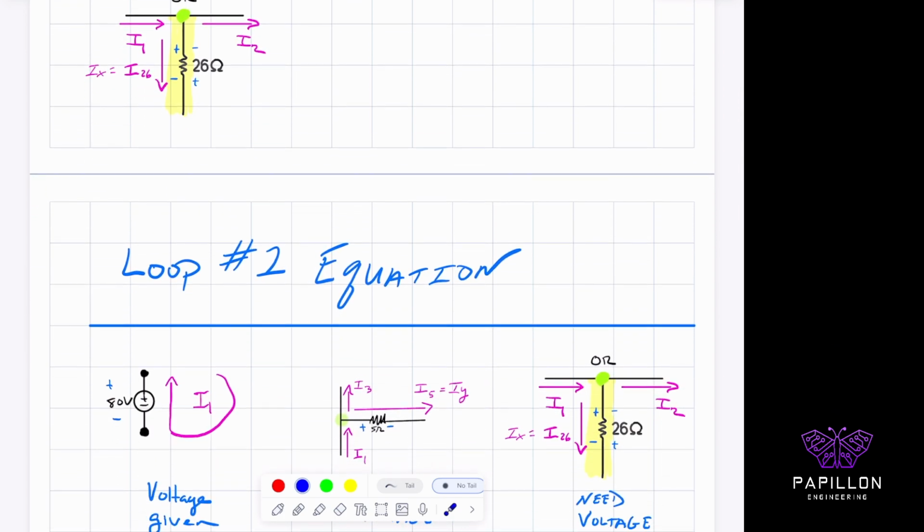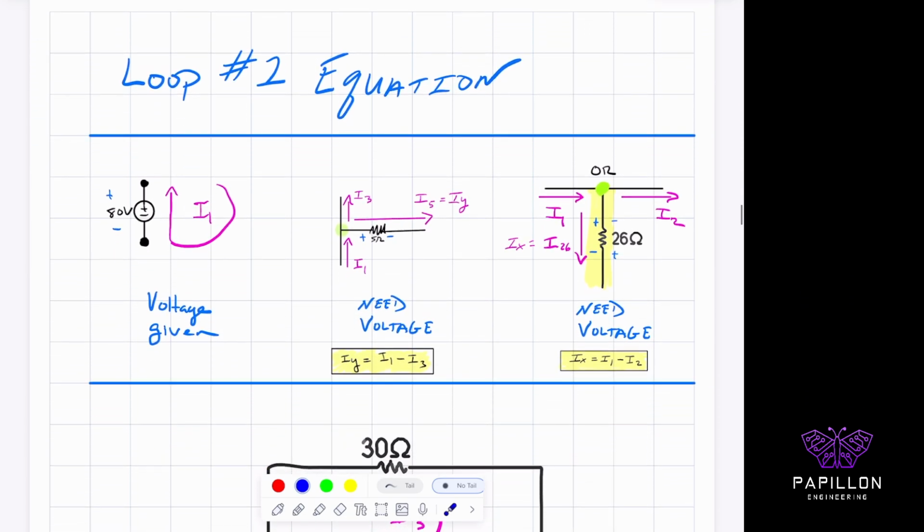So now we look at loop 1, right? To summarize it again, we have the voltages. We have 3 components: a voltage component, a 5 ohm and a 26 ohm resistor, right? We know for sure that I1 is going clockwise. If I start here on the clockwise notation, I read this to be a negative 80 volts as I go around. Here is the visual of how the second component looks.